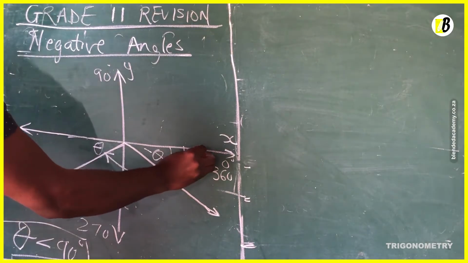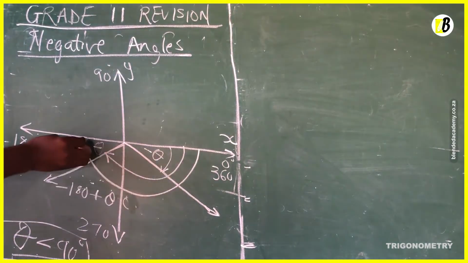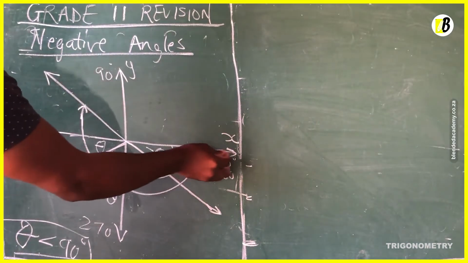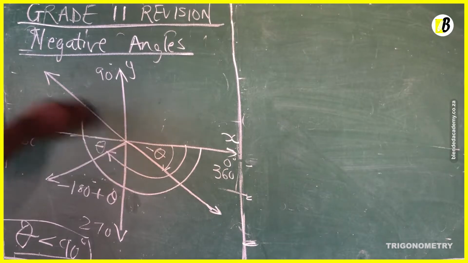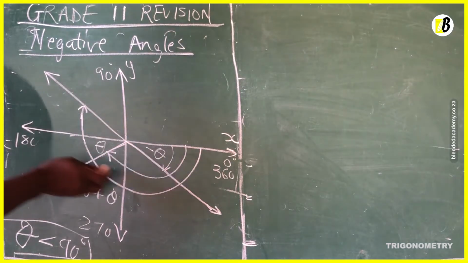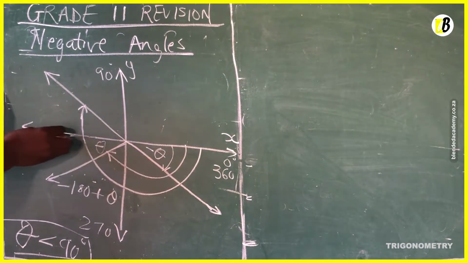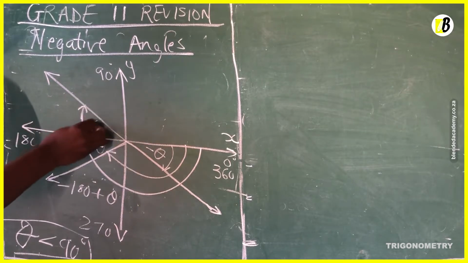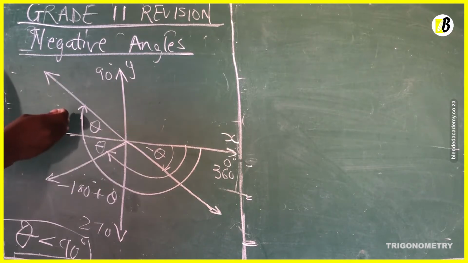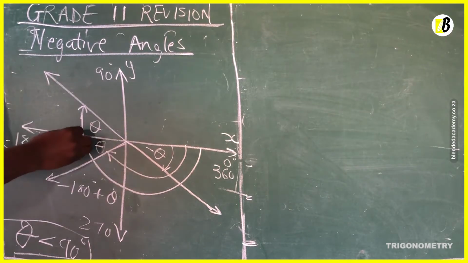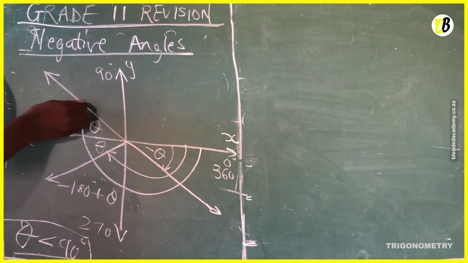And then for the second quadrant, we do the same thing. We measure an angle from 0 degrees line in a clockwise direction all the way to this line. This angle is going to be minus 180 degrees minus theta because remember we're moving in the same direction. So we're coming to this point and then still moving in a clockwise direction, going all the way up to this point.